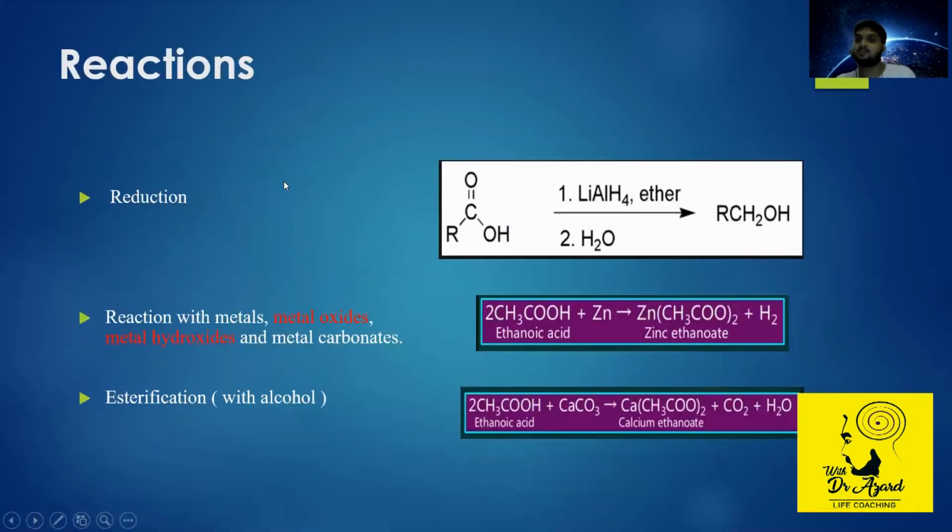Then we come to the reactions. When we talk about reactions, basically we are talking about the chemical properties of any substance. In this case, we are talking about the chemical properties of carboxylic acids, and there are a few reactions that we have to look into. The first one is the reduction reaction.